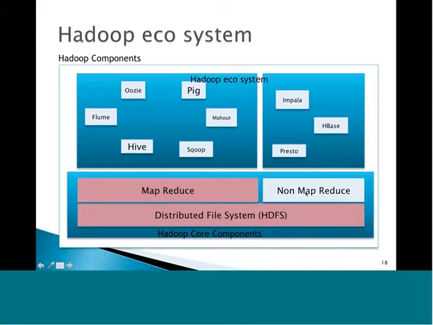So there is no one de facto standard for non-MapReduce. It depends upon the tool you choose. You have to set up the framework for non-MapReduce tools depending upon the tool you choose.